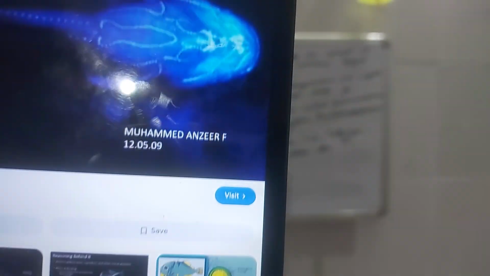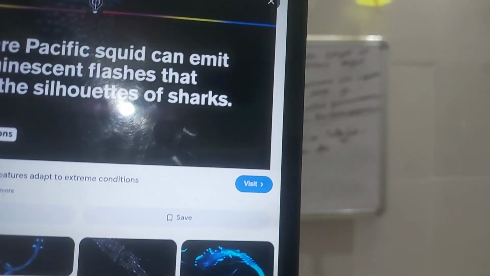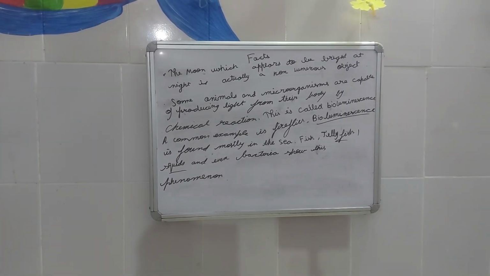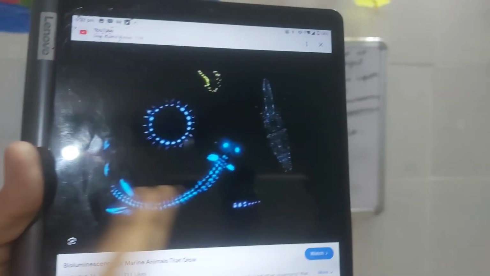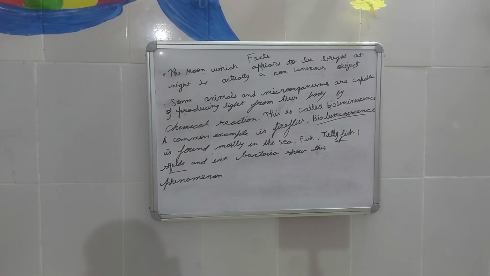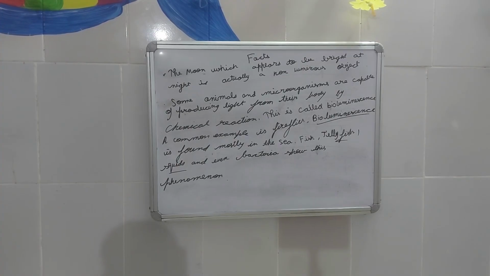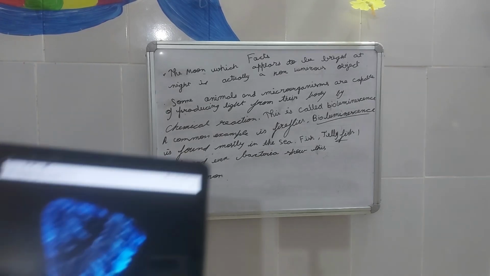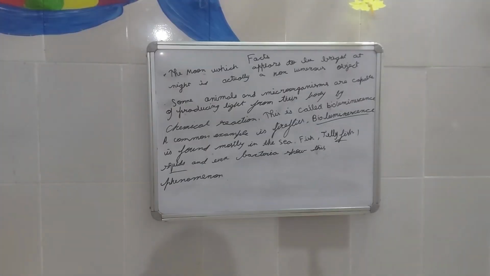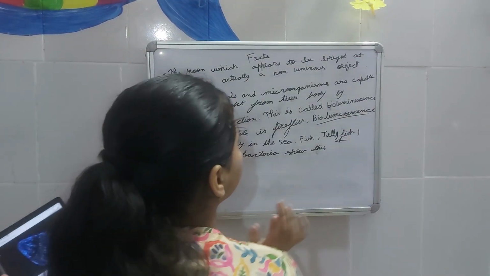This one you can see, or this one. This is also a fish. See this, this one is also having that chemical. Some fishes have. This is also a fish that is having the chemical bioluminescence.